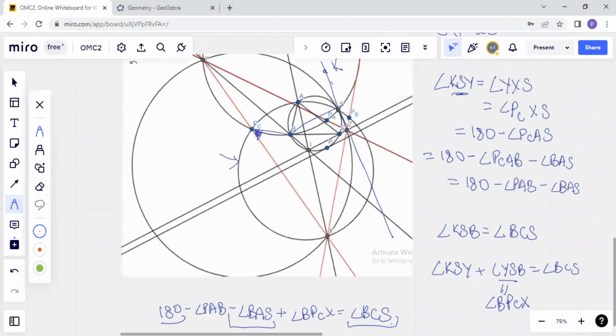And so let's see what we do. We have angle BPCX, this blue angle, and we want to prove this is equal to this red angle.